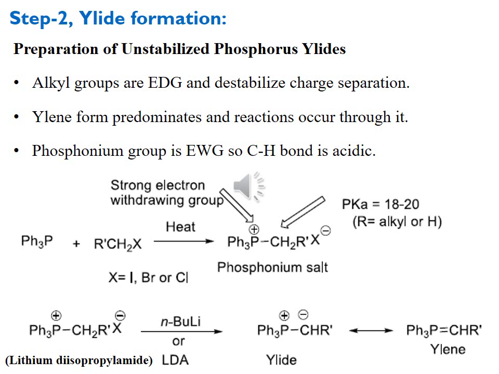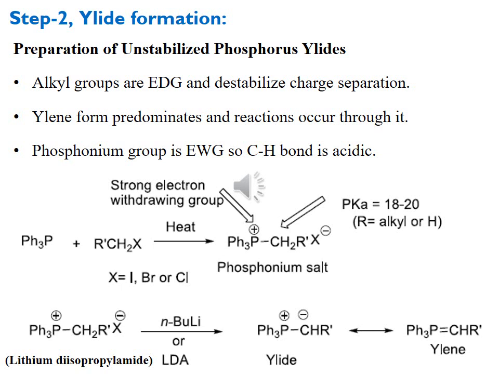It is heated to form the phosphonium salt, and here the phosphonium salt is written with a strong electron withdrawing group, due to which its pKa value is 18 to 20. Here R can be an alkyl group, and the hydrogen attached to the alpha carbon is acidic in nature, and this acidity is shown by this pKa value of 18 to 20.